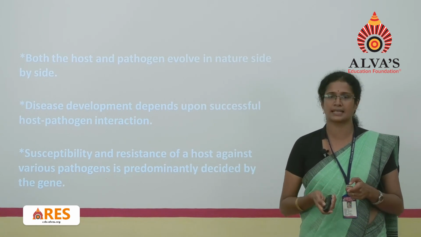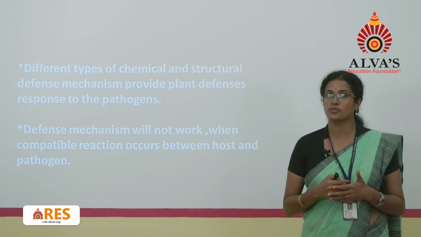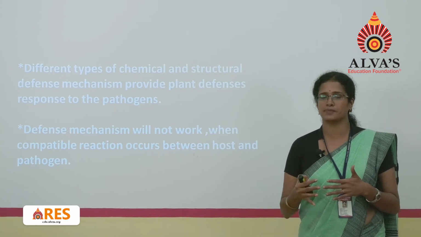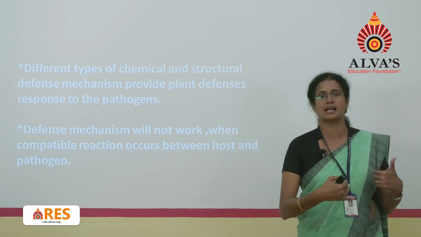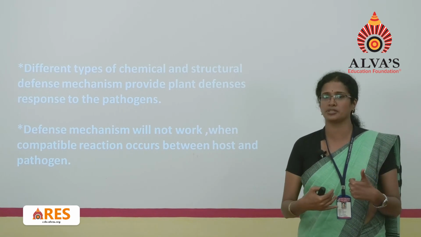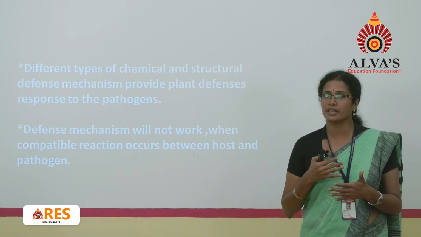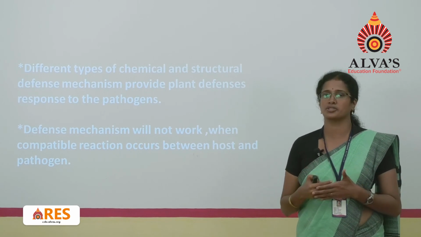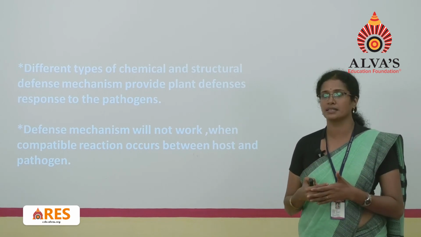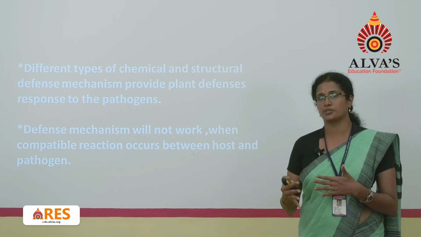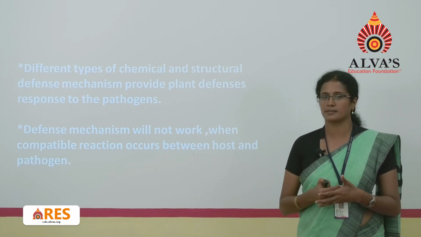Now, how exactly the different types of chemical and structural defense mechanisms, whatever we have studied in the last 2 classes and in today's session, provide a detailed account on the production of various chemicals as well as the structures which act as a defense against these particular pathogens which cause a disease.